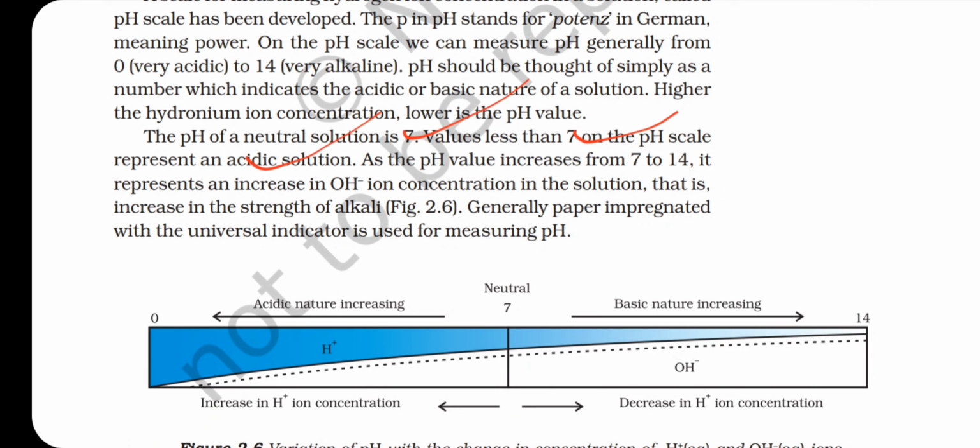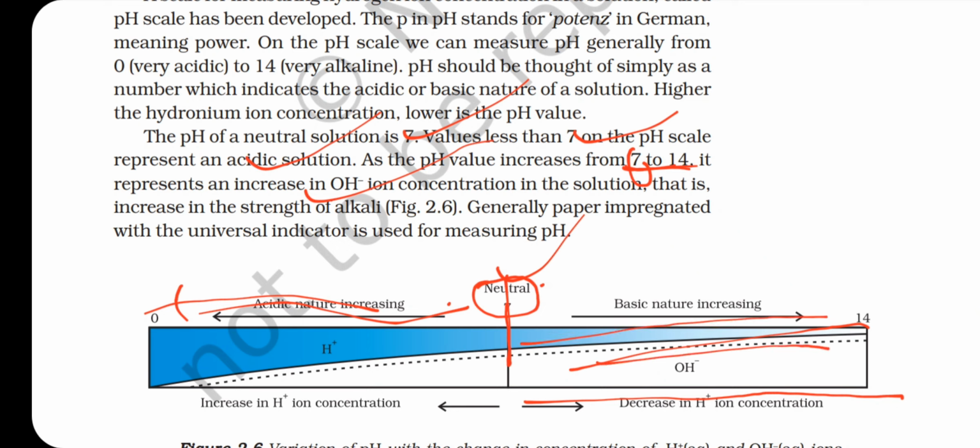The acidic character increases as the value decreases below 7. From 7 to 14, it represents the OH minus ion concentration: the concentration of OH minus increases and H plus decreases. So it becomes basic in nature.